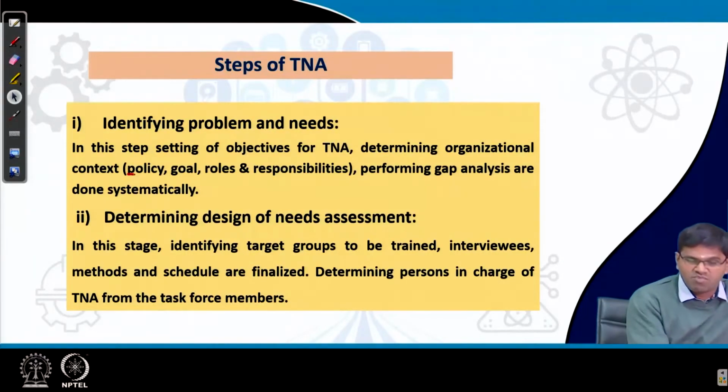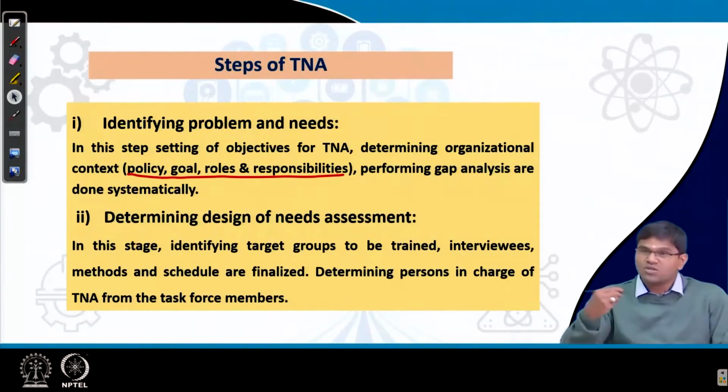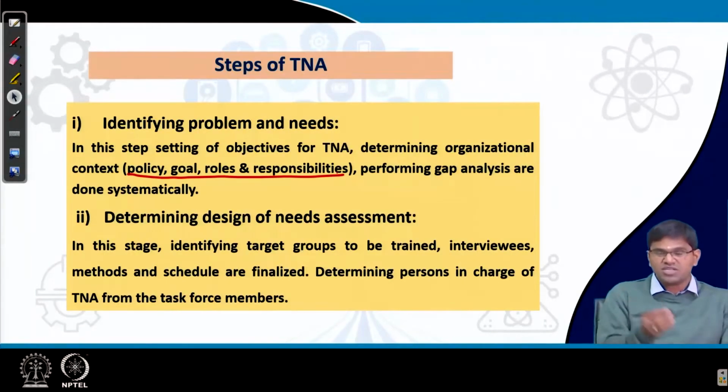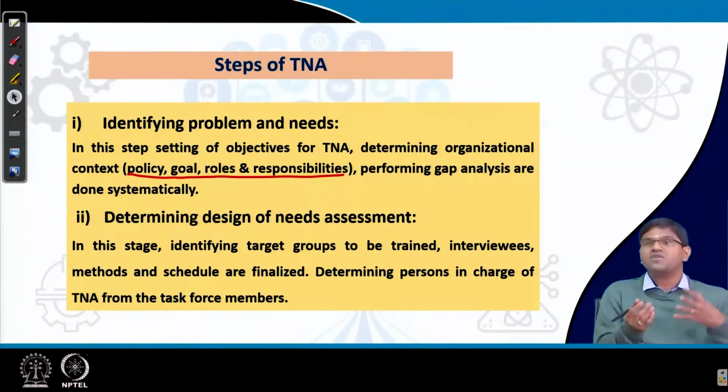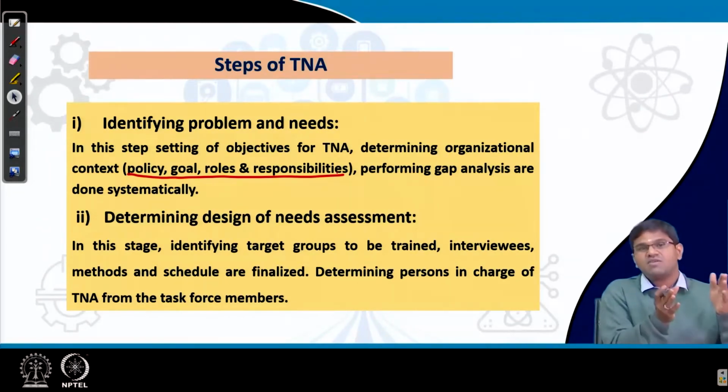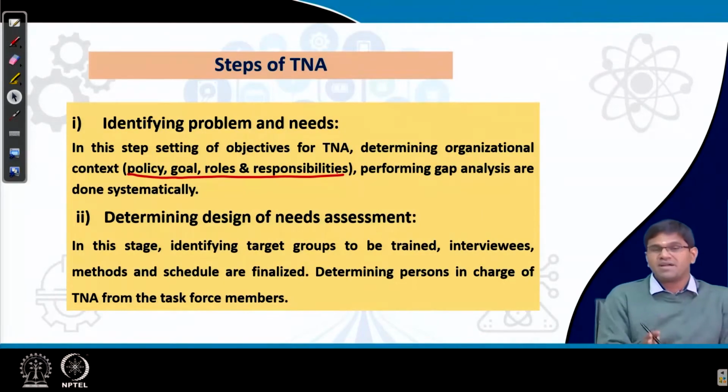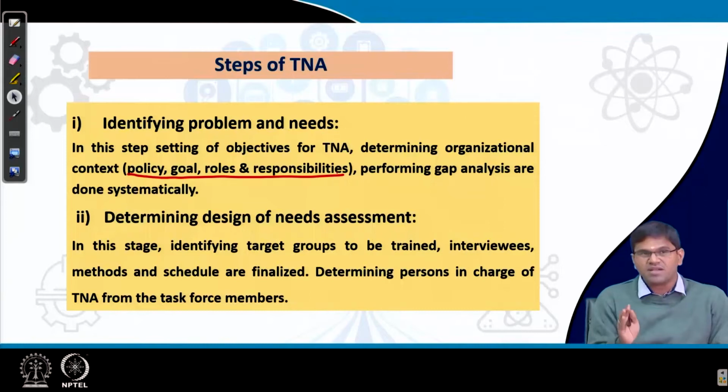We will look at the policy level, goals, roles and responsibilities, because at these levels we need to understand what analysis we are going to do, and perform gap analysis systematically. For that we need to understand the current performance. We will look at three different levels: organization level, individual level, and occupational level, so that we will be able to do the performance gap analysis systematically.